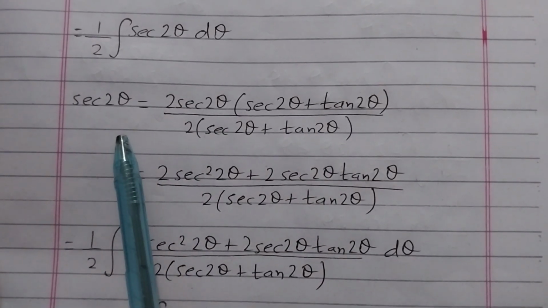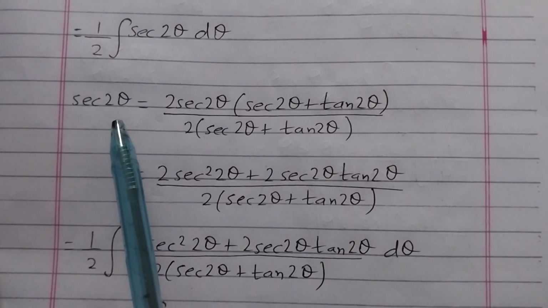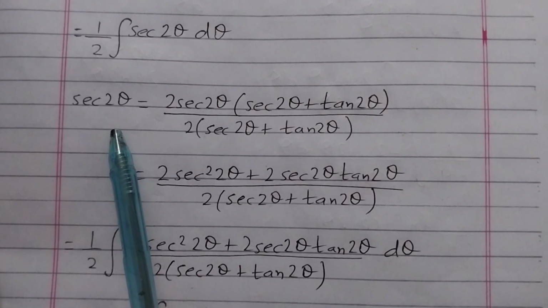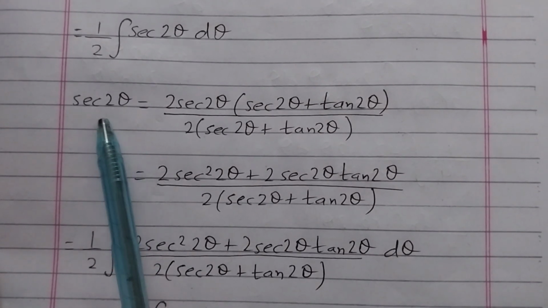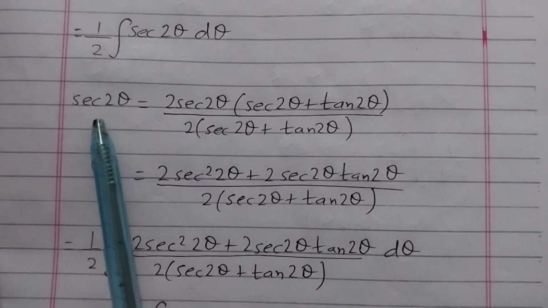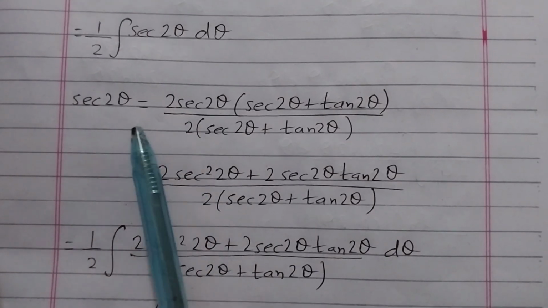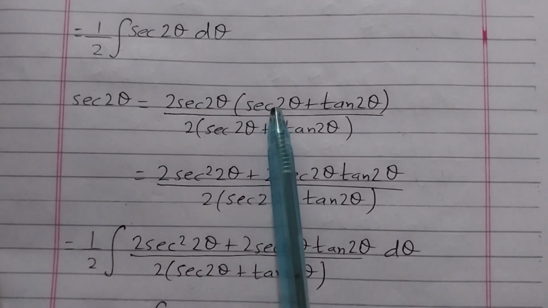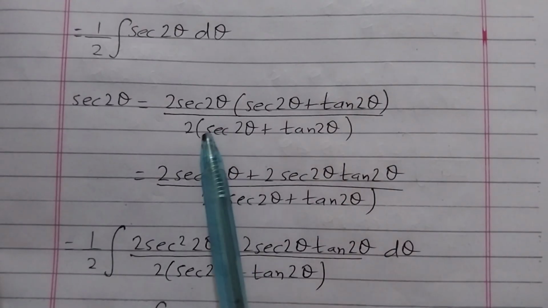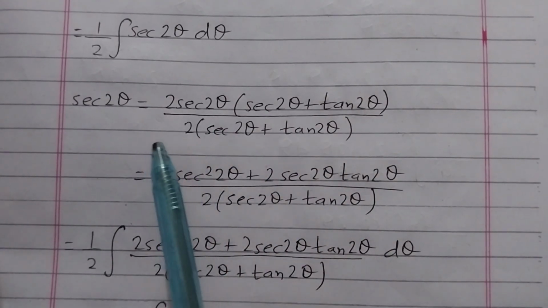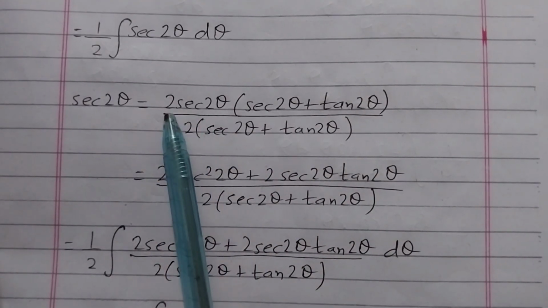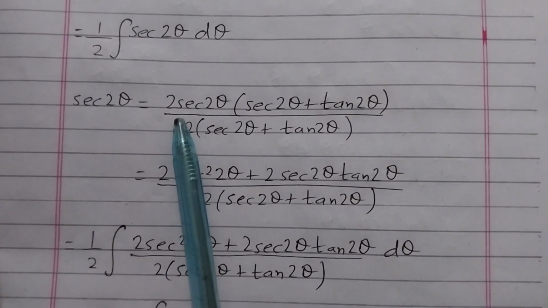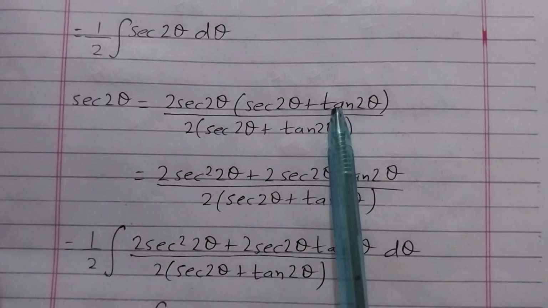The logic remains the same as in the case of secant theta: we multiply by secant theta plus tan theta and also divide by the same thing. Here we multiply with 2 secant 2 theta plus tan 2 theta, and divide by the same thing.